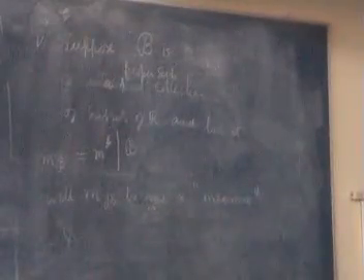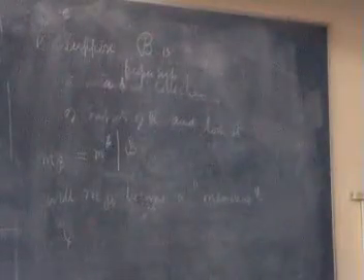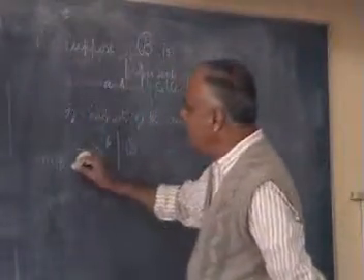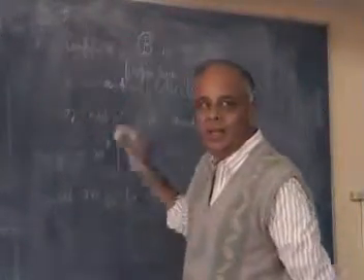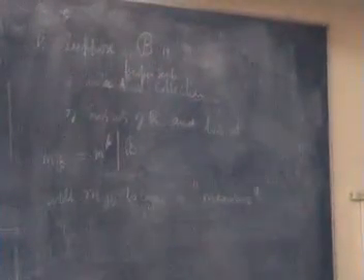You won't allow all possible sets, but only a restricted collection. Now, whenever we do that, recollect, we always wanted this collection to be a sigma algebra, because we want to do all the set theoretic operations within it.